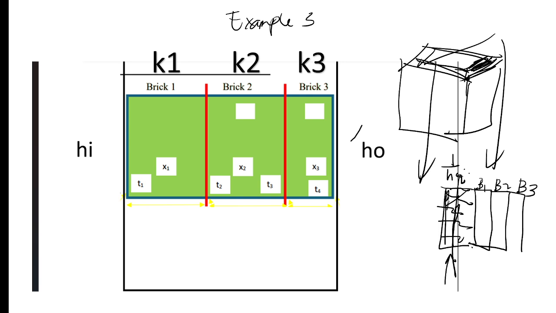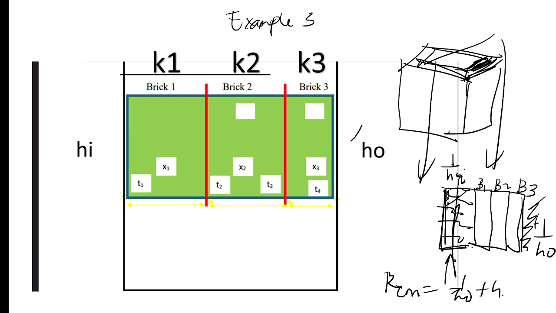That's the thermal resistance in that convection mode. Here is the outside. This outside has air, so the temperature is ambient, and the thermal resistance is HO. So by convection, the resistance by convection is what?